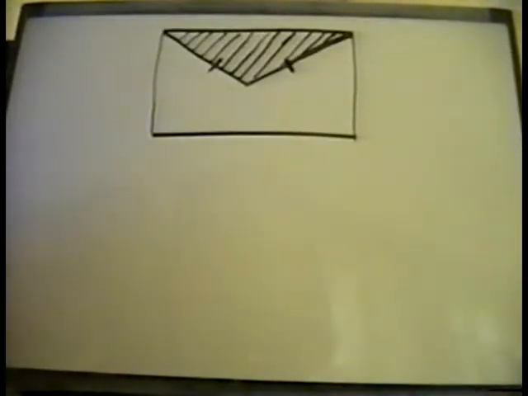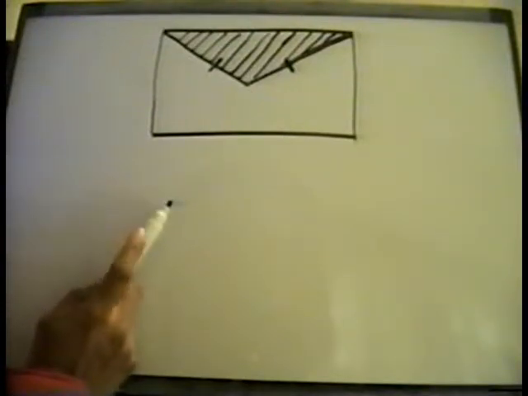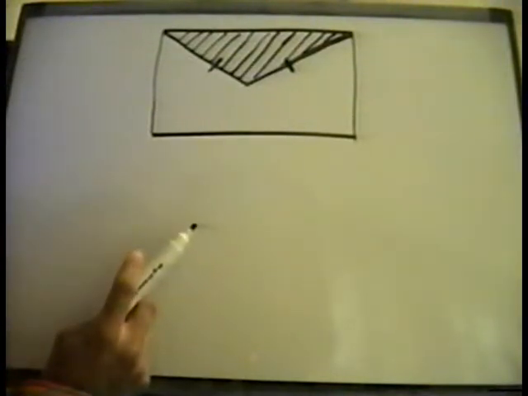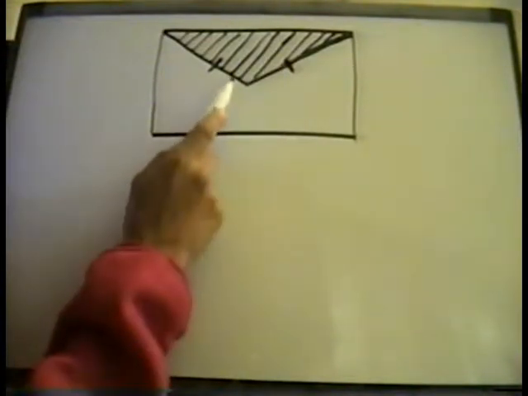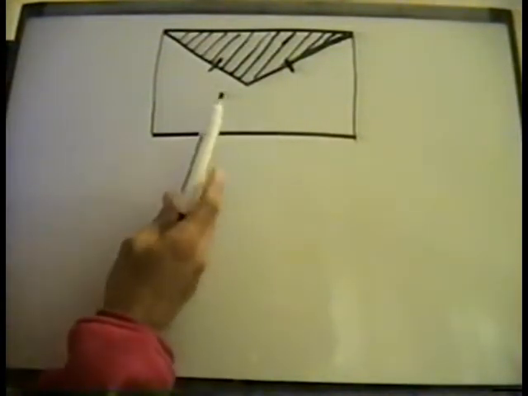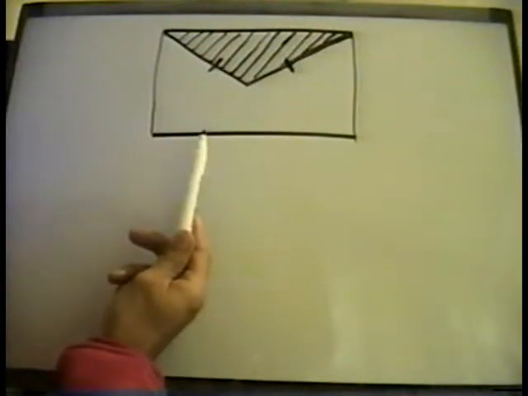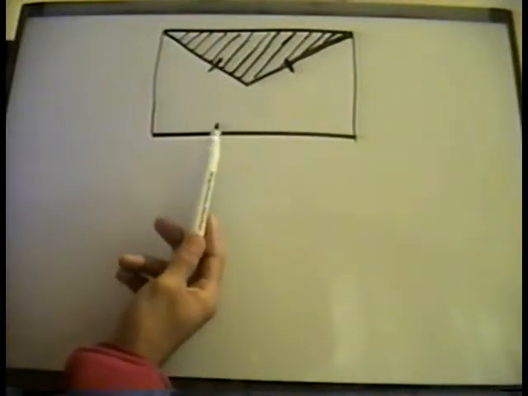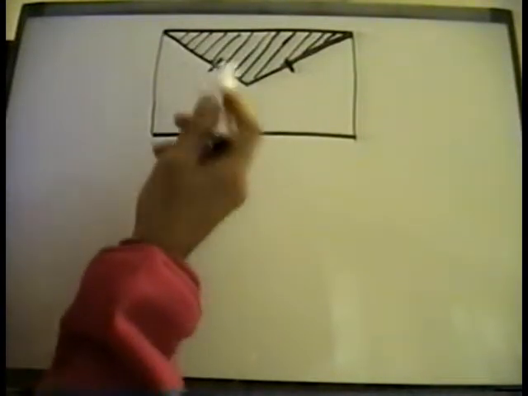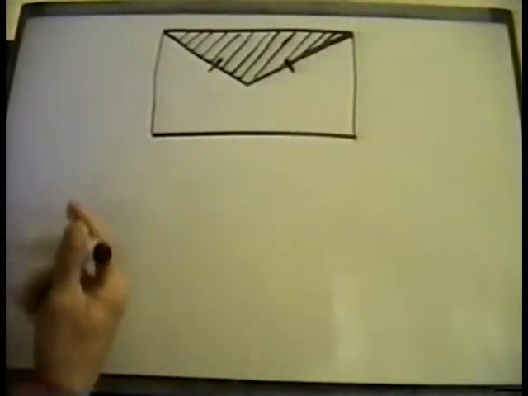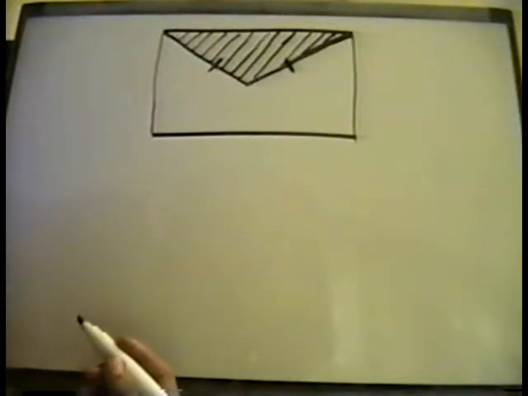Okay, now here we have a rectangular figure, and we want to find the area of the triangle. Then we want to find the area of the entire rectangle, and we want to find the area of the rest of this region, the unshaded region.